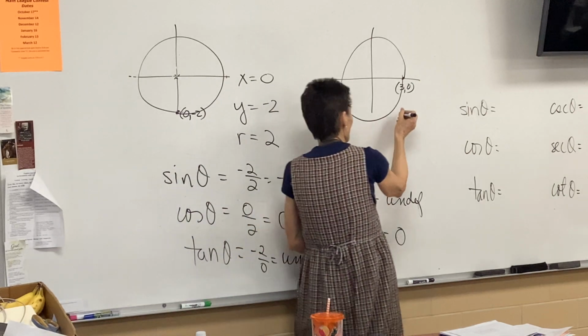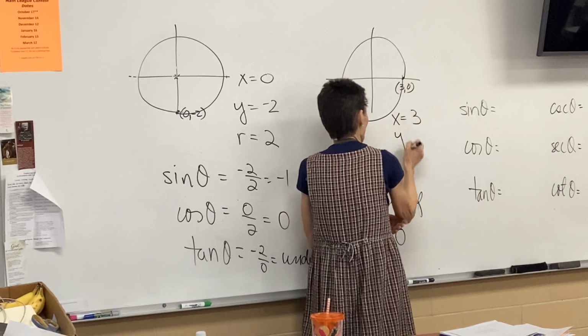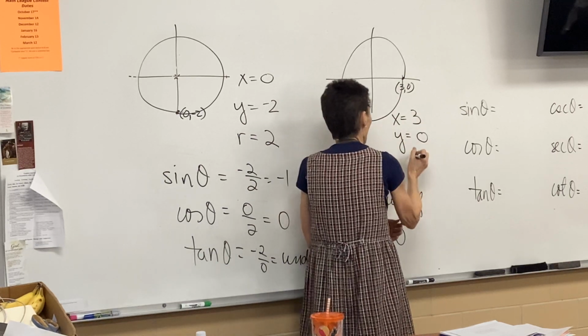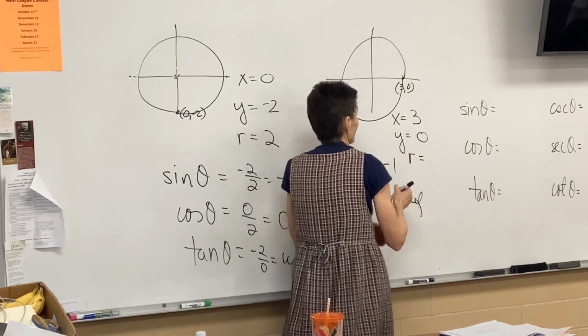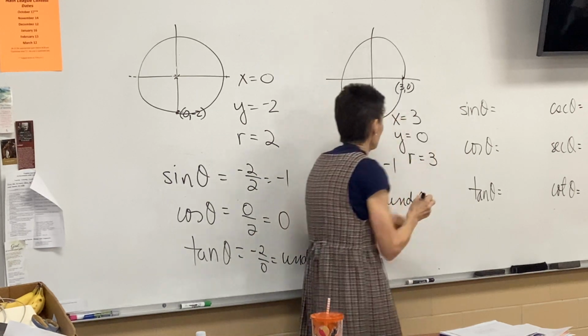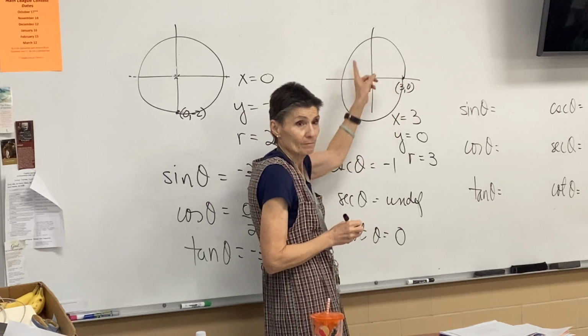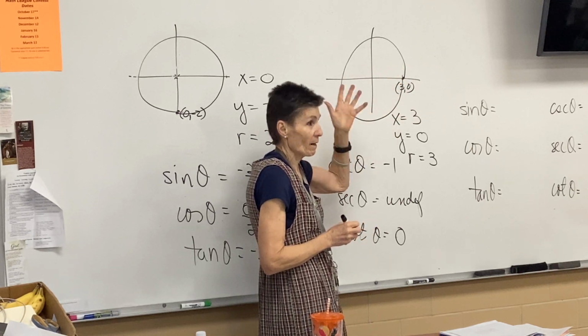So you should have an x value. What's your x value? 3. What's your y value? 0. What's your r value? What's my radius? 3. Kids, if you're going through that point, doesn't your radius have to be 3? Always positive.